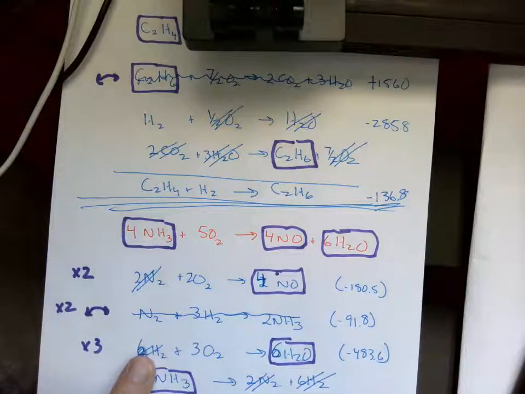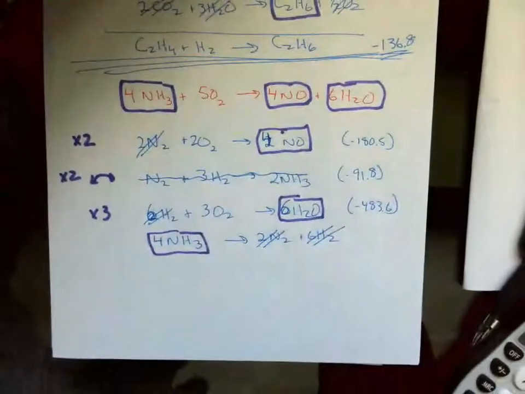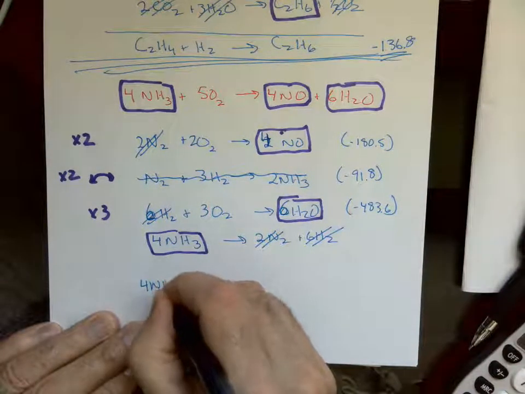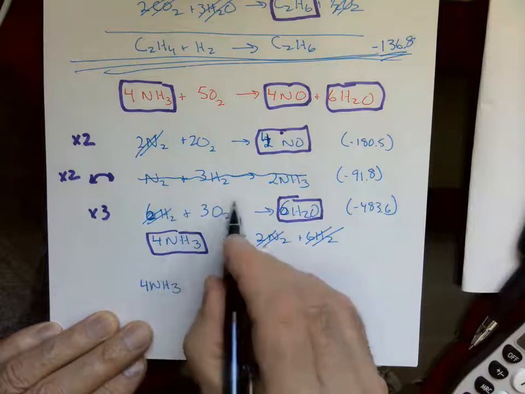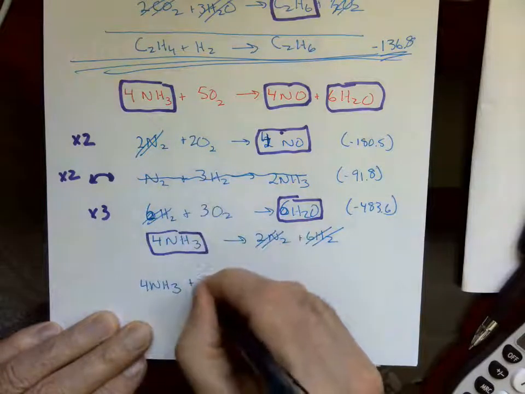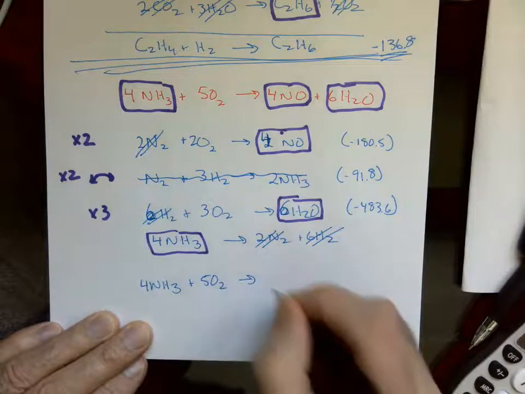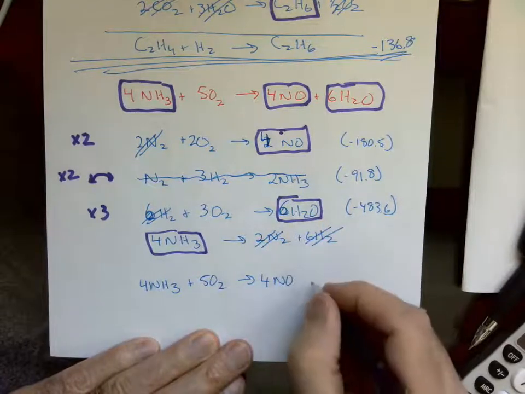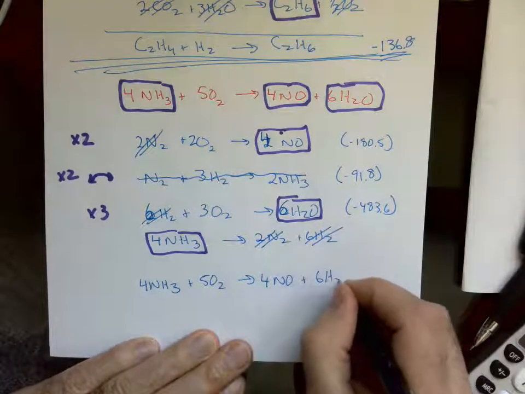So I got rid of my H2s. So what do I have left? I have 4NH3 right there. I've got 5 O2s. I've got 4 NOs. And I've got 6 H2Os.